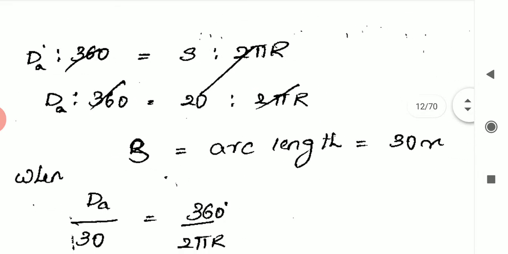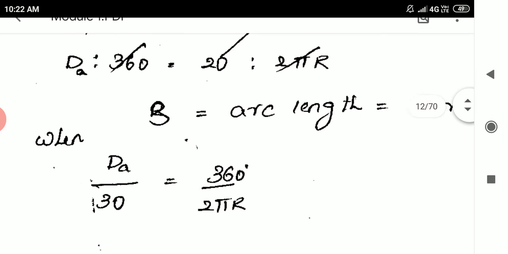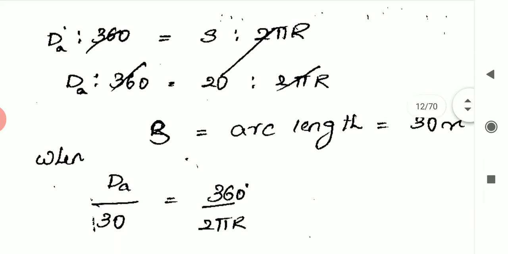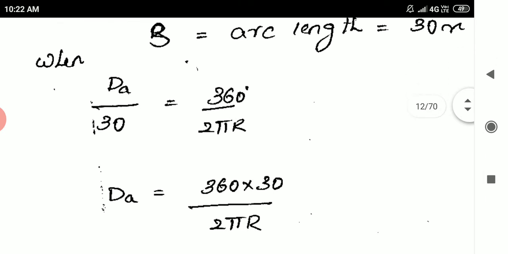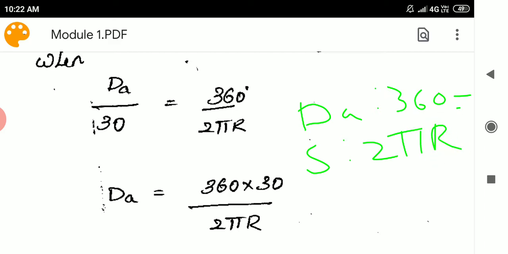So S is the arc length, that is 30 meter. So we will take it as 30 meter. We already saw dA is to 360 equal to S is to 2 pi r, isn't it?